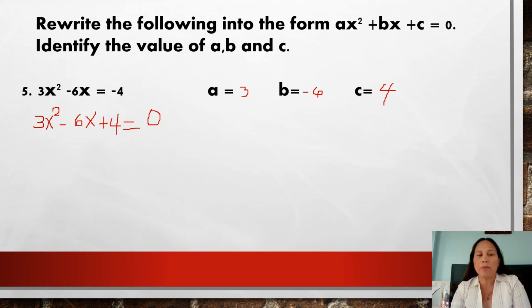You need to know this because the next lessons require getting the values of A, B, and C. You can only get the correct values of A, B, and C if it is in standard form. So, 3x squared minus 6x plus 4 is equal to 0.